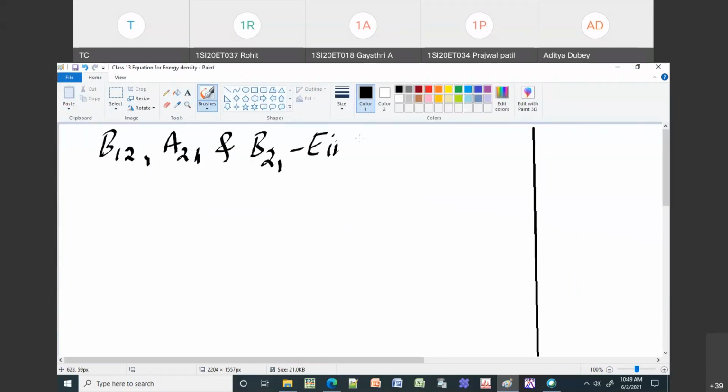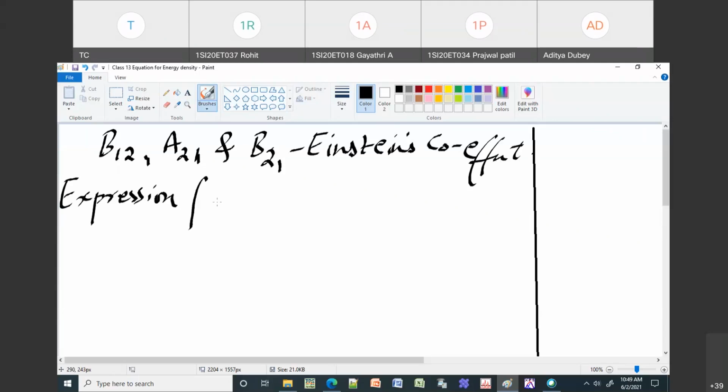Now we will try to find an expression or equation for energy density. What is energy density? Energy density is your U of nu.